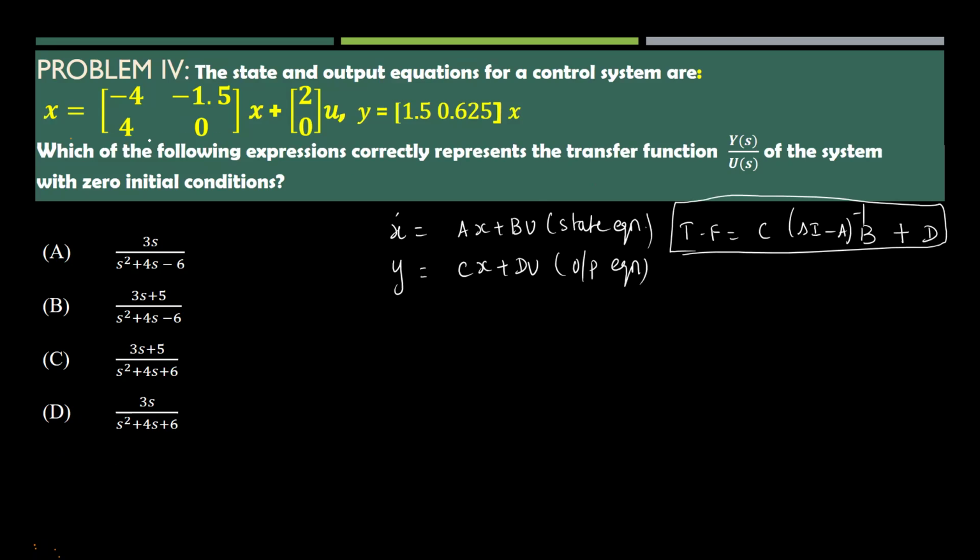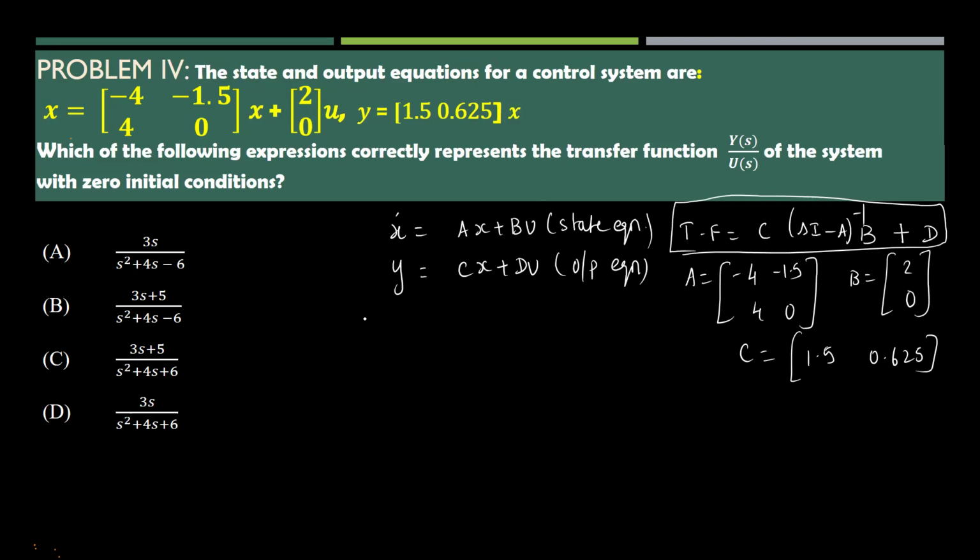Okay. So here A matrix is given. A equal to minus 4, minus 1.5, 4, 0. And B is 2, 0. This one. And C is 1.5, 0.625. Okay. First we need to find the sI minus A, the whole inverse.